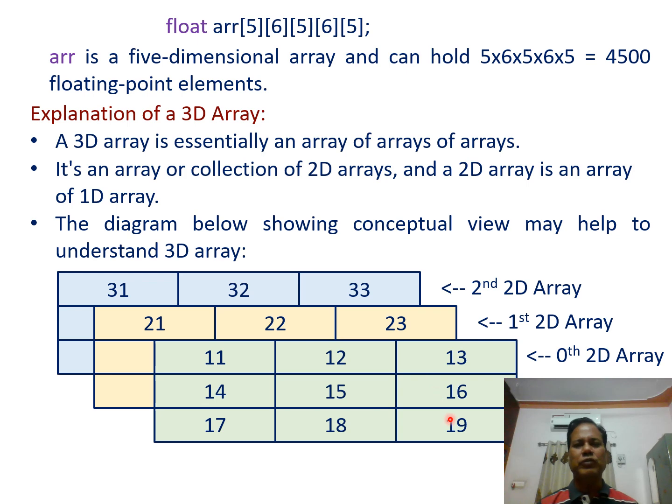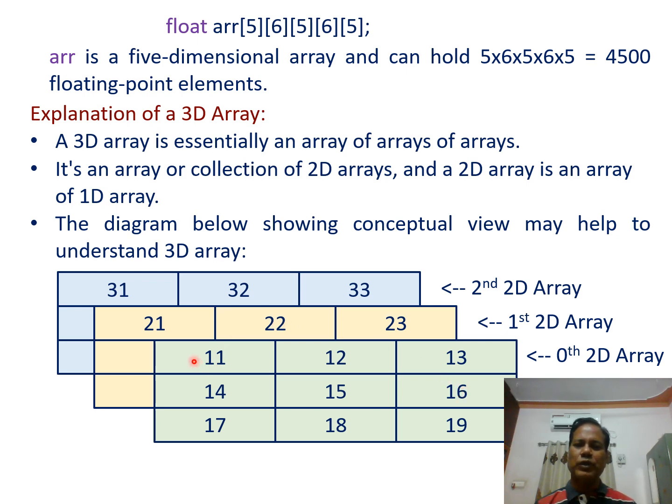So in this way, this picture gives the concept of 3D arrays, that is arrays of two-dimensional arrays. Here this is one two-dimensional array, this is the second, this is the third. So an array of two-dimensional arrays is defined as a three-dimensional array.